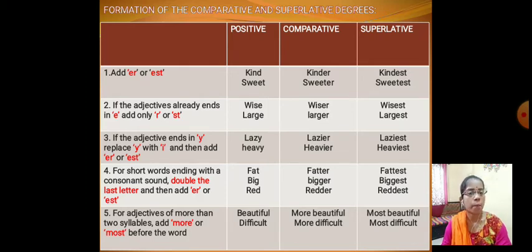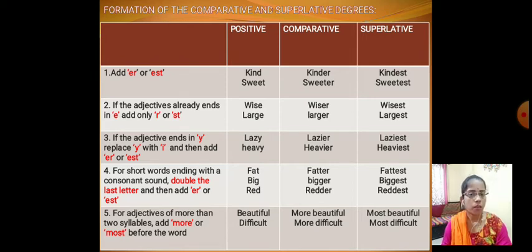Here the example is fat. The word ends with t. T is the consonant sound. So in the comparative, fatter, fattest. Big, bigger, biggest. Red, redder, reddest.